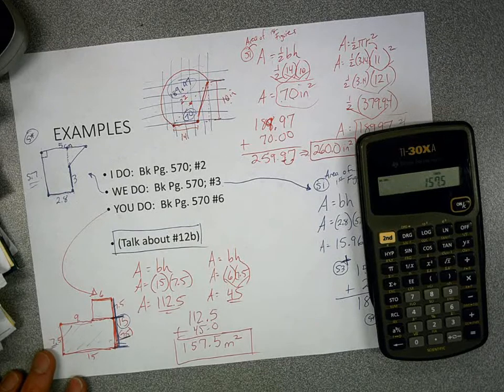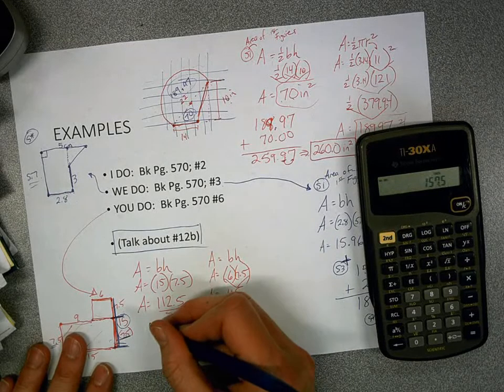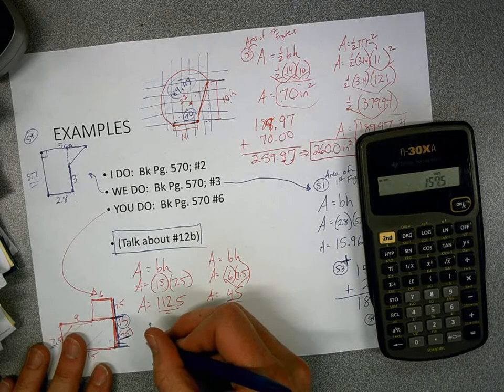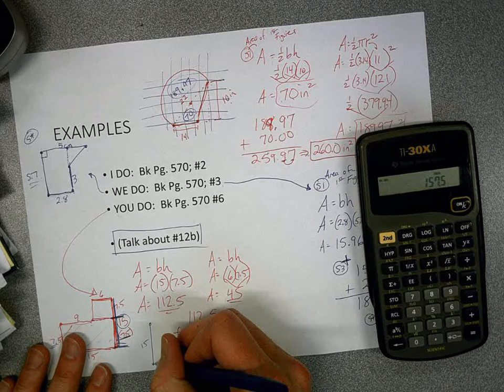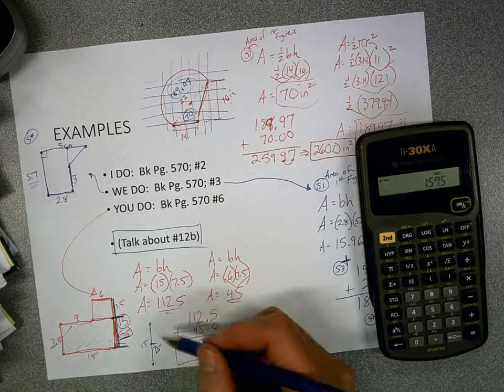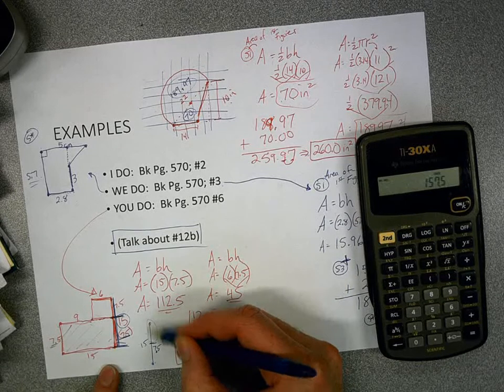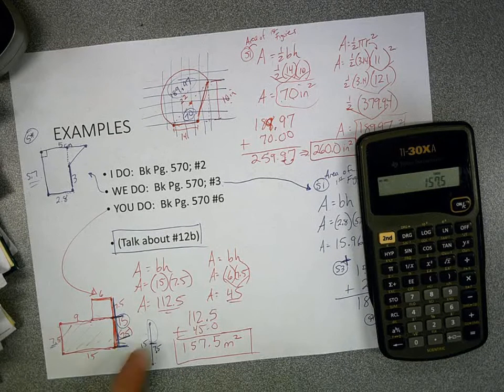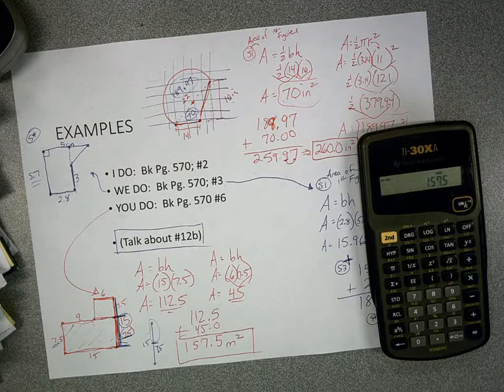So what I have is, if I have a line segment, the whole thing is 15, but from there to there was 7.5. I just subtract the 2, and that will tell me how big that is. Okay, so that's what I did there. All right, guys, other questions?